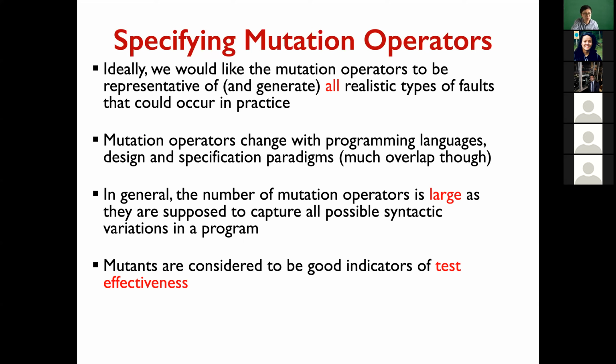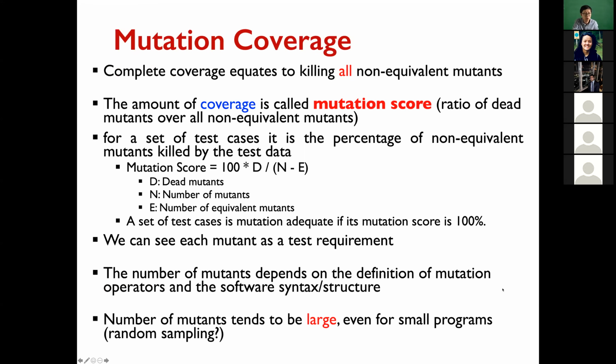But the problem is there may be a very large number of mutation operators, and the generated mutants will be very big, and it's very time consuming and resource consuming to run the test cases against all the mutants, right? So we can specify which mutants we want to run, right? And also we can specify which test cases we want to cover.